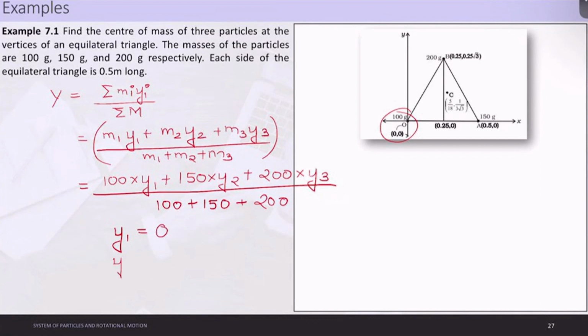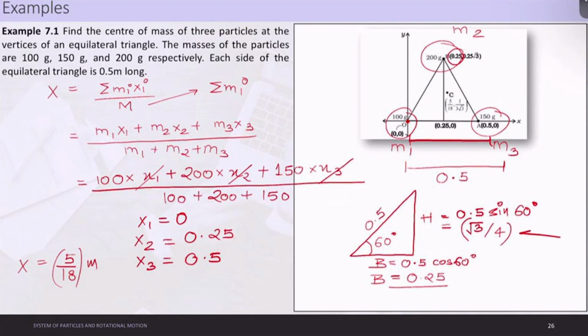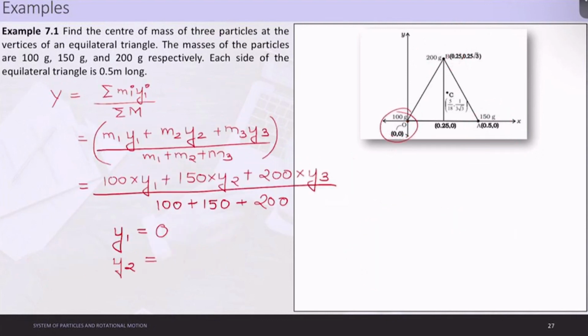What is y2 here? Y2 we just calculated right now. That is nothing but equal to root 3 by 4. And what is y3 here? Y3 here is again 0. So put the values of y1, y2 and y3. Finally we will get the value of capital Y as nothing but 1 upon 3 root 3 meters.